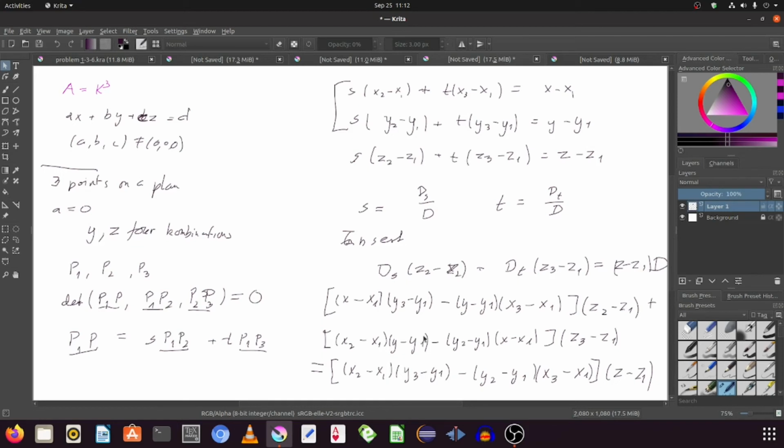So x minus x1. The coefficient here should be the determinant of these two with y, z minus zy, y z minus zy.